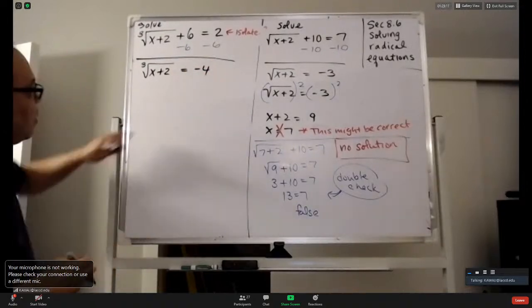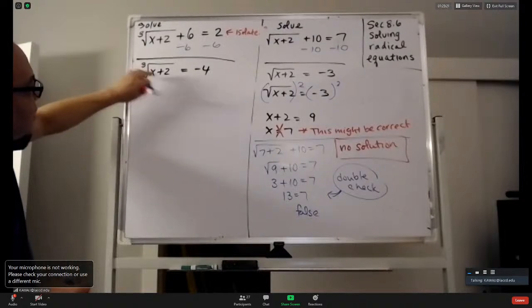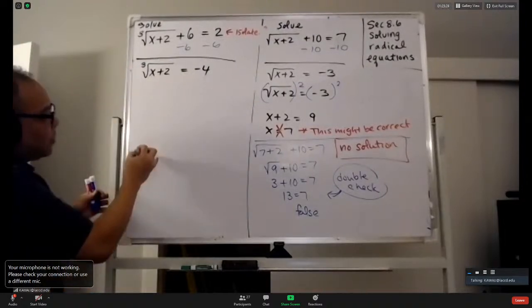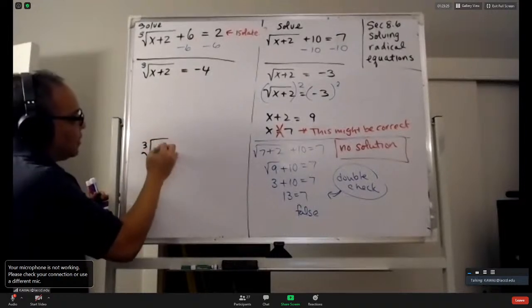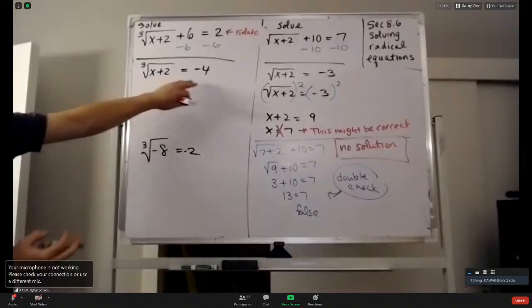Okay. Now, even though this is negative, because this is an odd index, this can be negative. I mean, when you have the cube root of -8, we get -2. So it's possible for this to be a negative number.